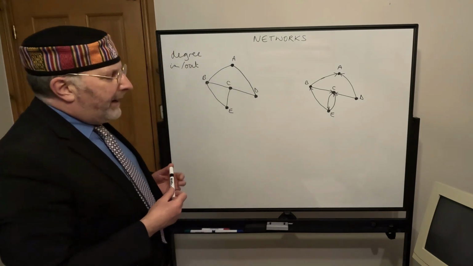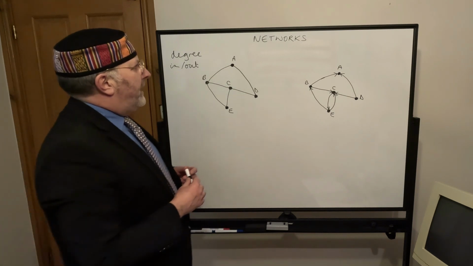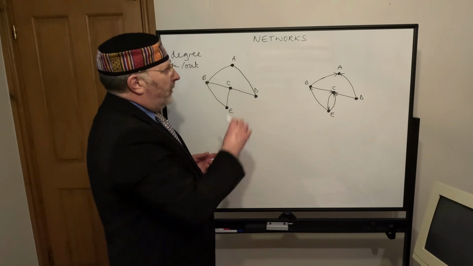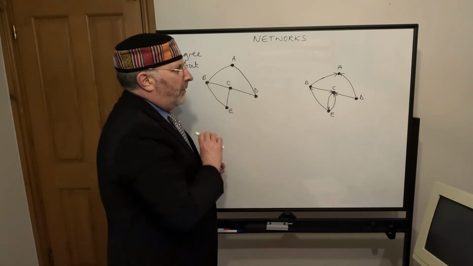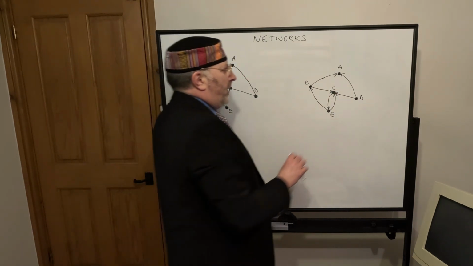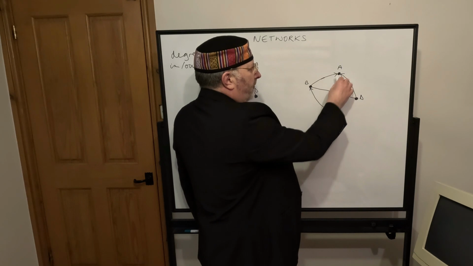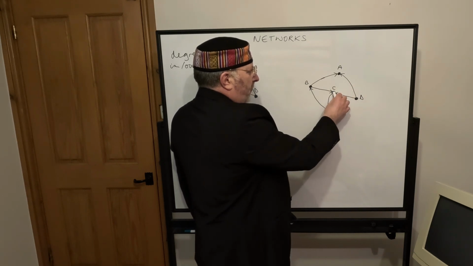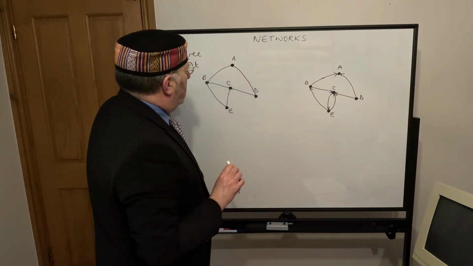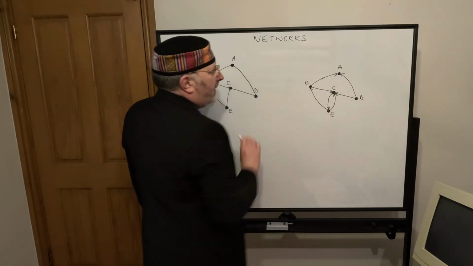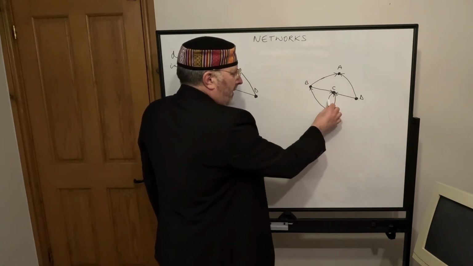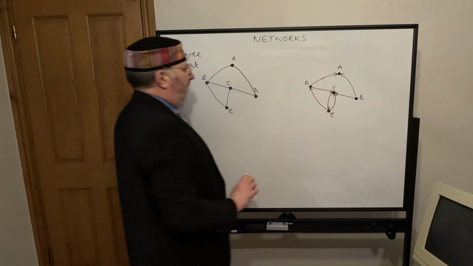Then we can talk about a path in a network. So a path is how to get from one node to another node. So if we take the example of the directed network here, then the path from C to A would be C to E to B to A. Then that's the only path in the directed network, and it's a path, we would say, of length 3 because there are 3 links involved.